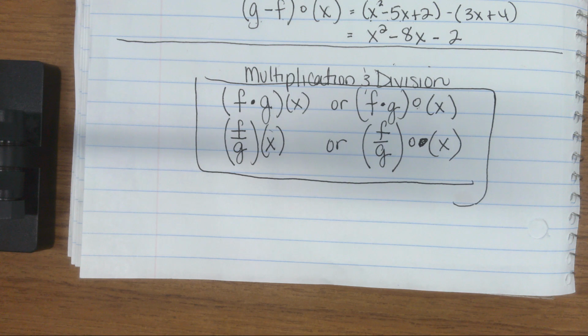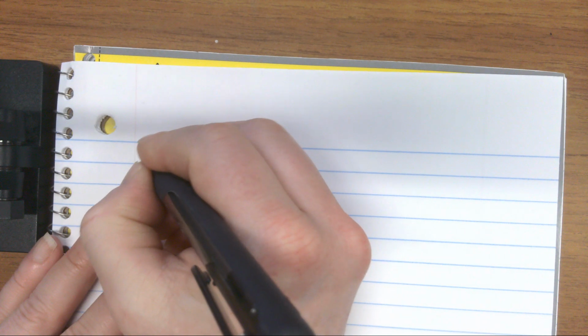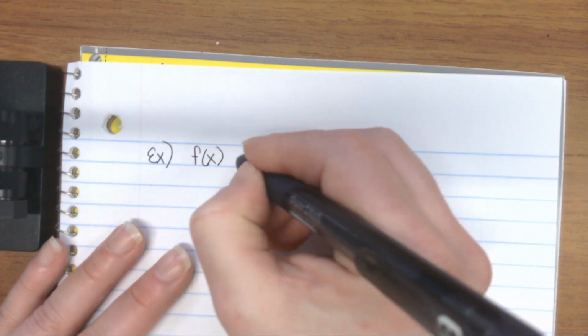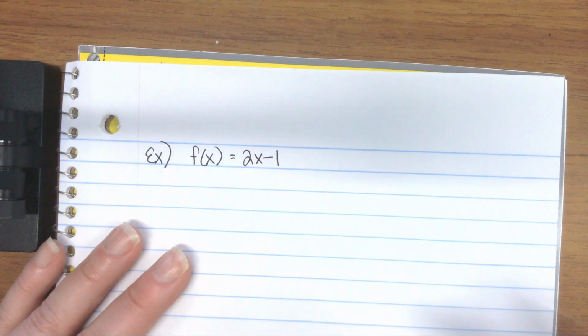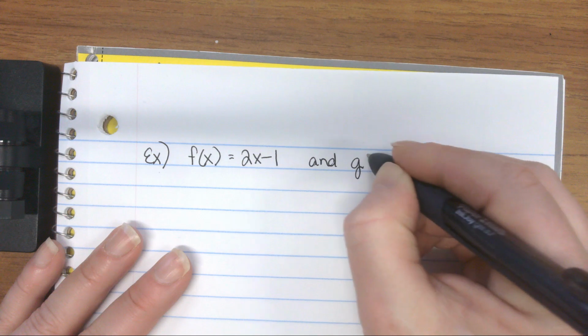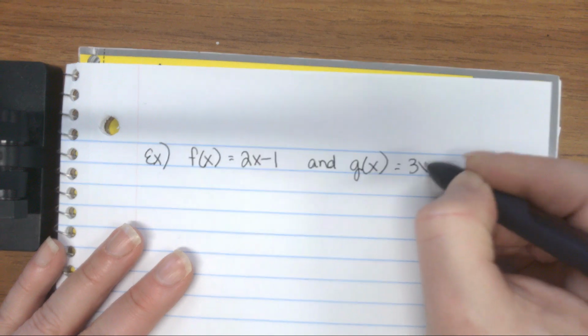Okay, so if I just kind of put some together, I'll do some maybe with some numbers too, so you can see what that looks like. Suppose I had the function f of x equals 2x minus 1, and g of x equals 3x minus 2.